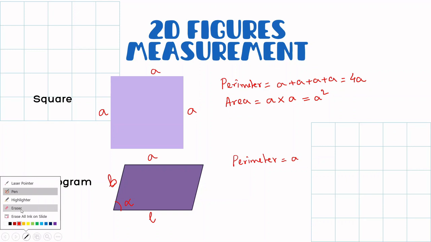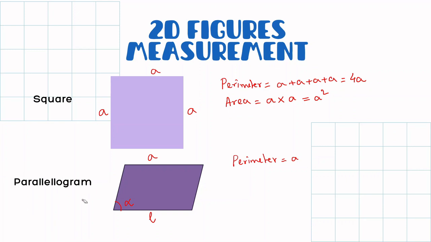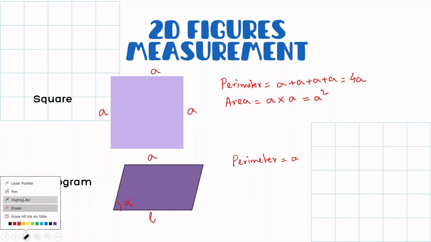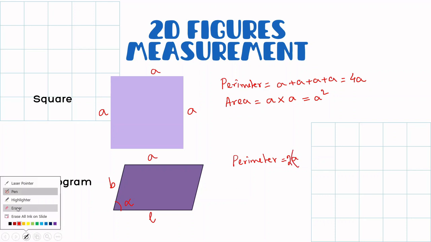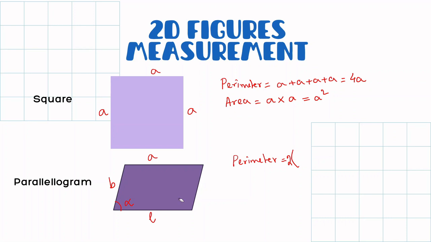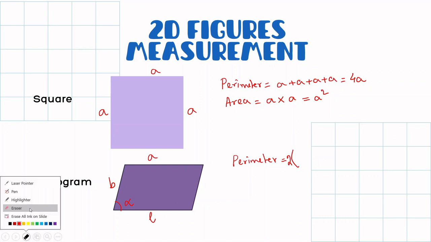Sorry, my mistake. This is B and this is L, then the perimeter will be what? Perimeter will be 2 into L plus B, the same.